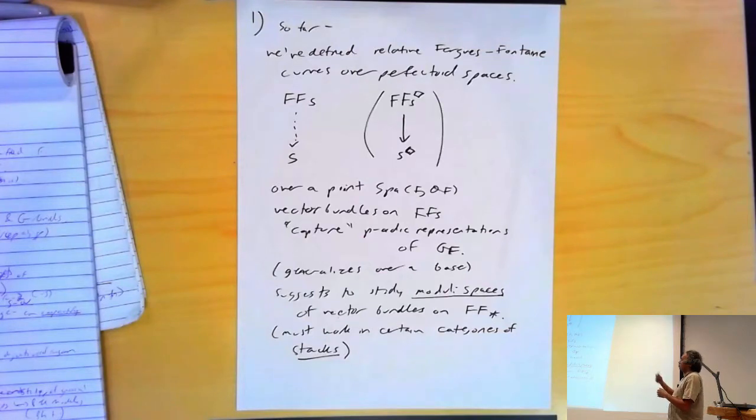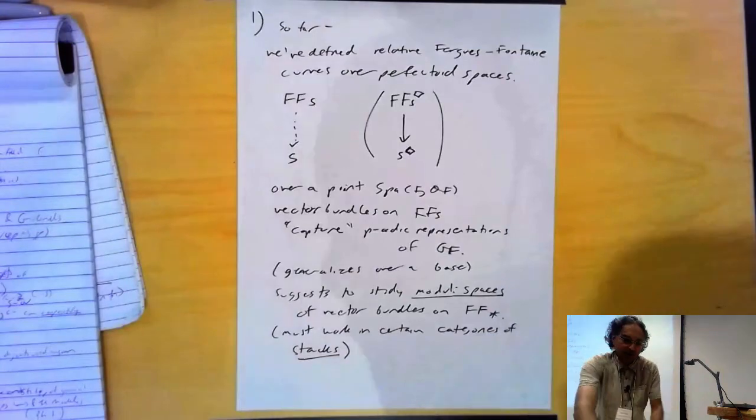Perhaps if you don't want to just think about vector bundles, which are, so to speak, torsors for the general linear group of some rank, you might think about more general algebraic groups. Come to that in a moment.